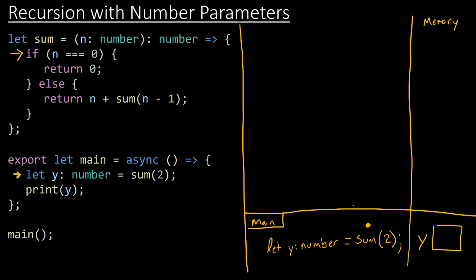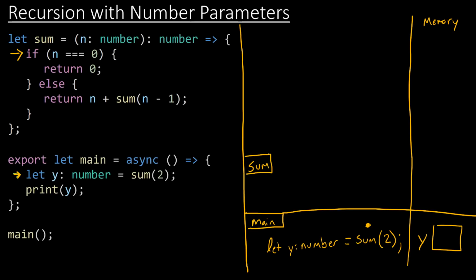2. So when a function call occurs, and we know that this is a function call because it's a function name followed by some parentheses and some values inside of those parentheses, here it's the value 2, we're going to leave main for a second, and we're about to go into the sum function.